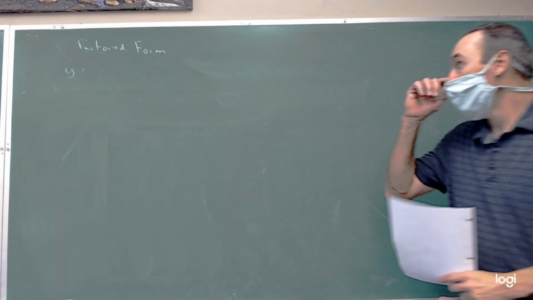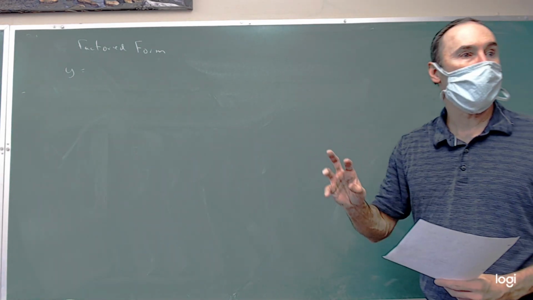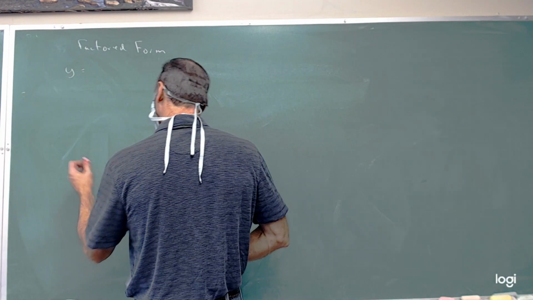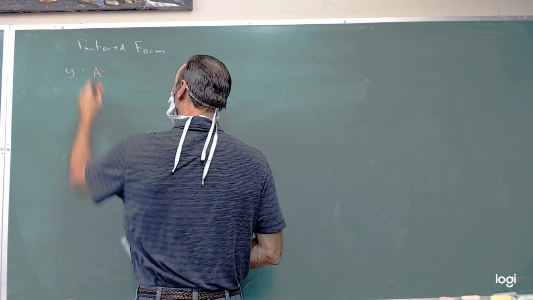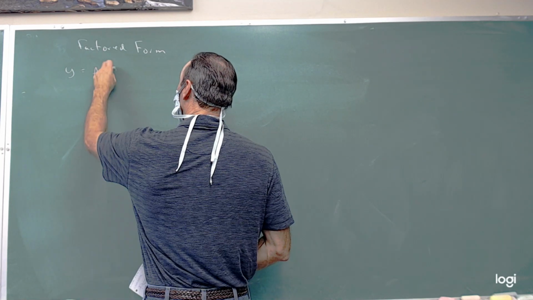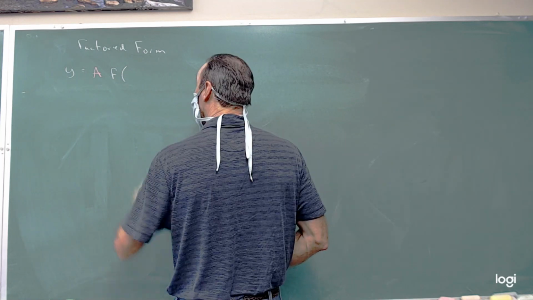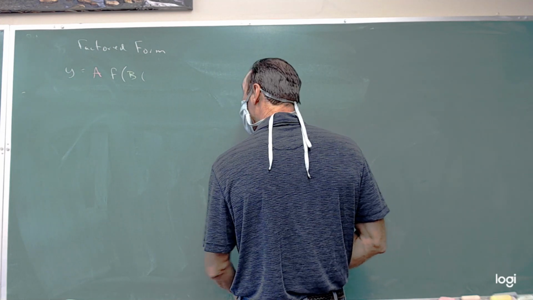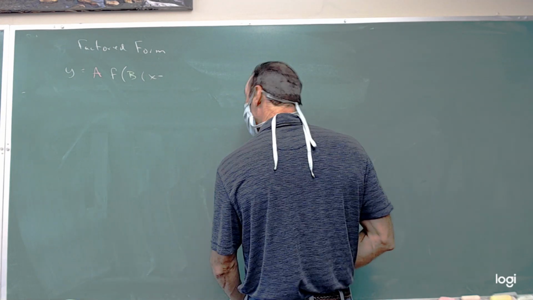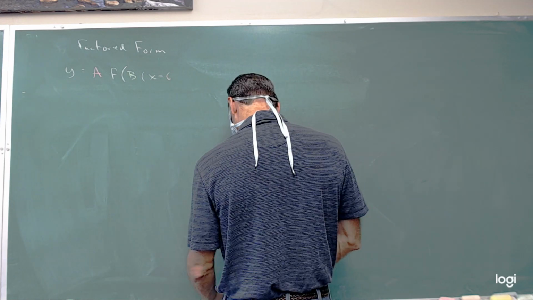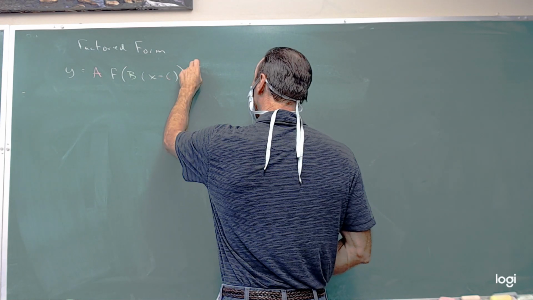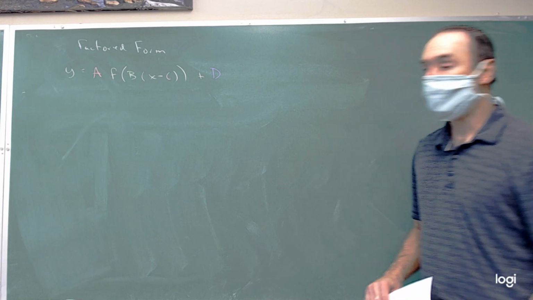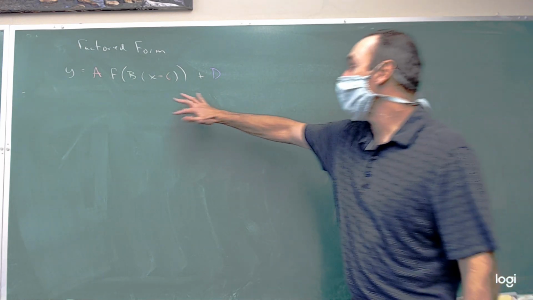Okay. So we talked about the factored form versus the unfactored form, and we'll do some actual examples of graphing this. I'm going to put them in different colors there. A times F of, and then B times, X minus C, and then a plus D. So in this factored form, we'll see these numbers in different places.